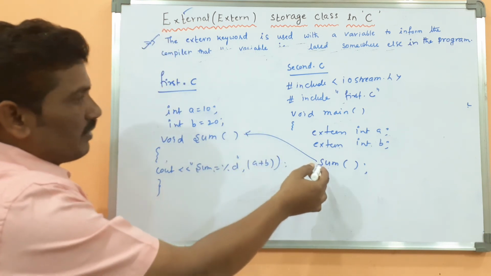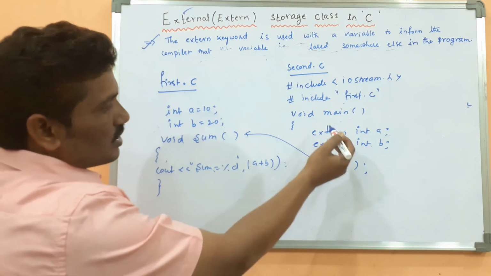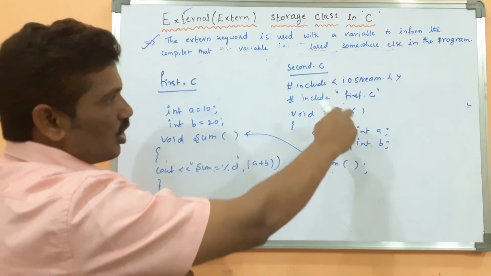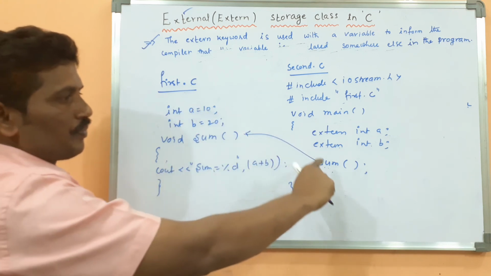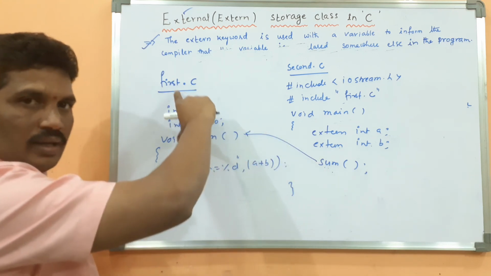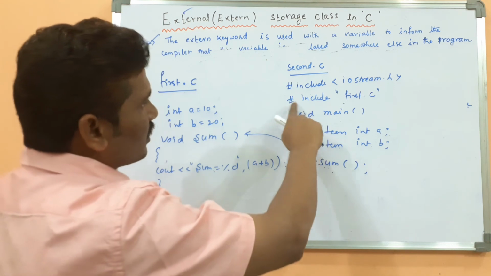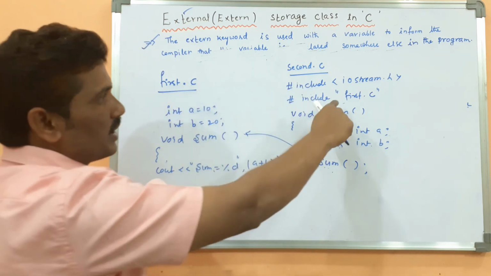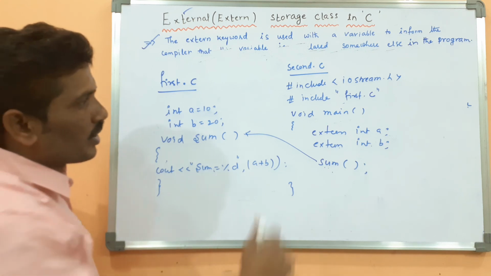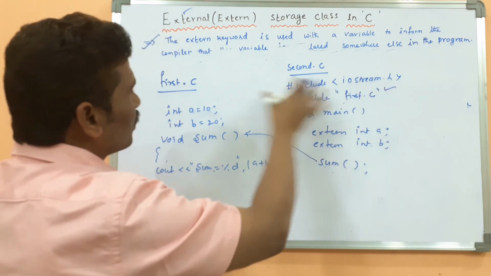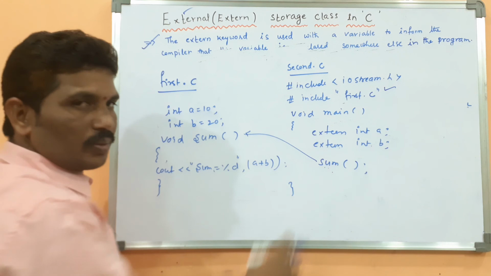But when you call the sum function, which is not defined within the main function but in another file, the file name must be included in second.c. This statement is used to include first.c into our program.